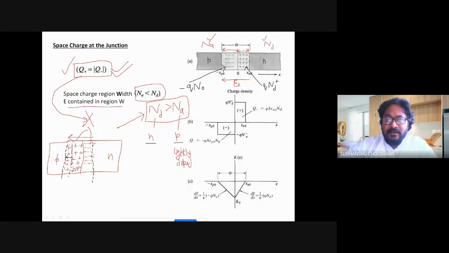And since it is ionic charge, I'll simply write Na minus. So these would be the charge densities in these two regions. Then a plot of charge density versus position inside the semiconductor can be plotted.